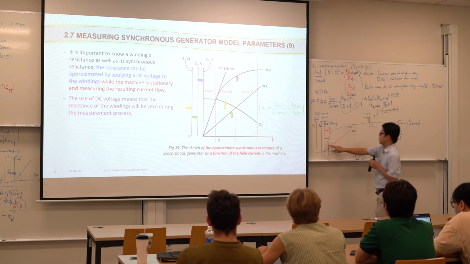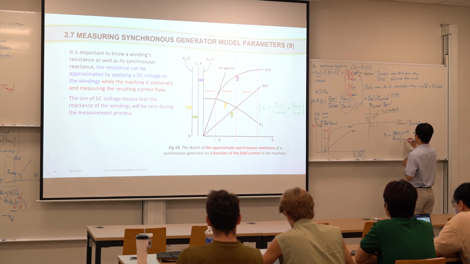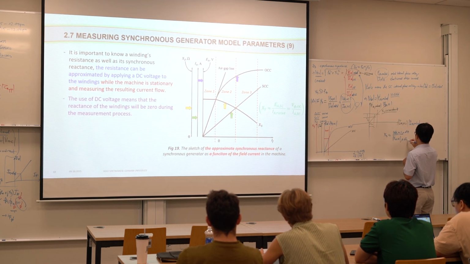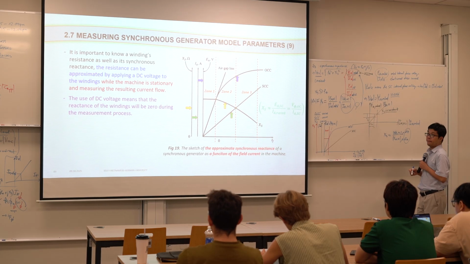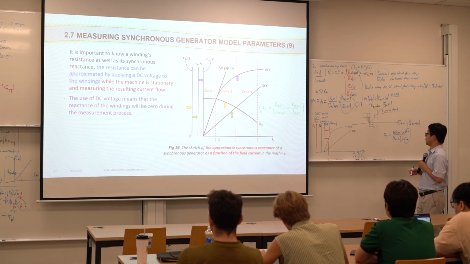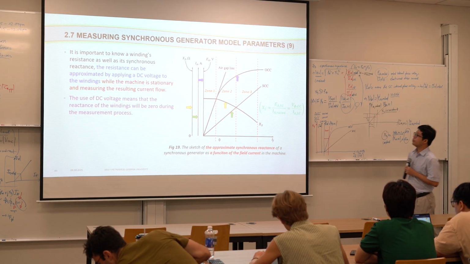If we increase delta V phase, we increase delta IA. So this ratio is always constant. So XS is constant.